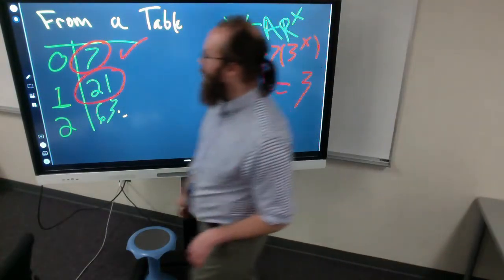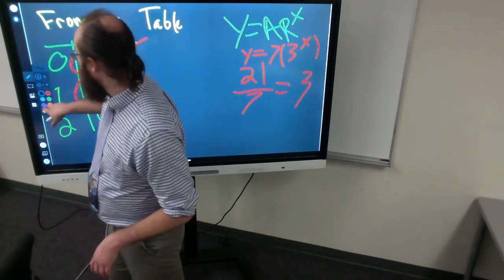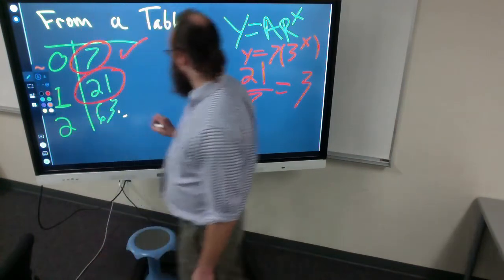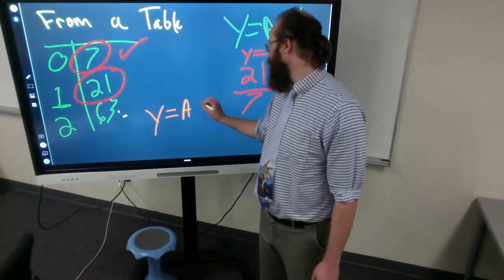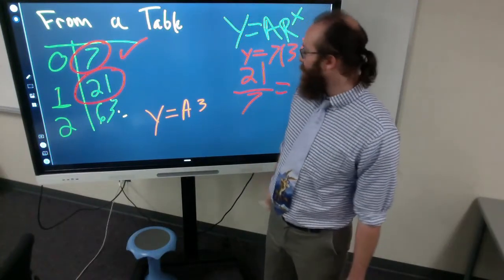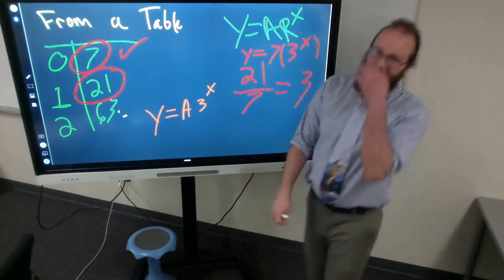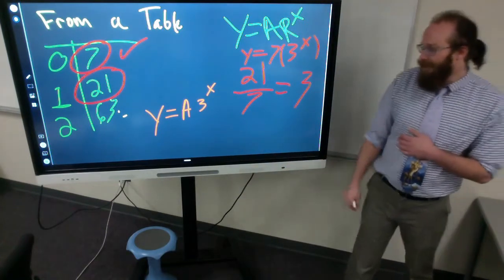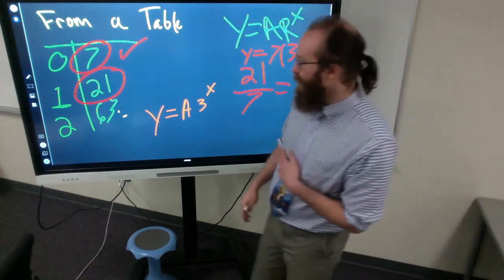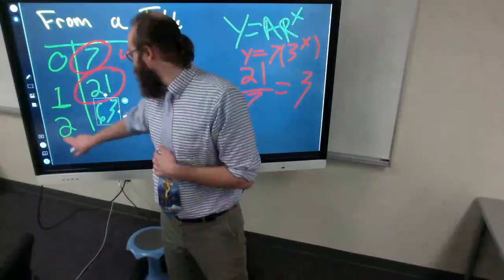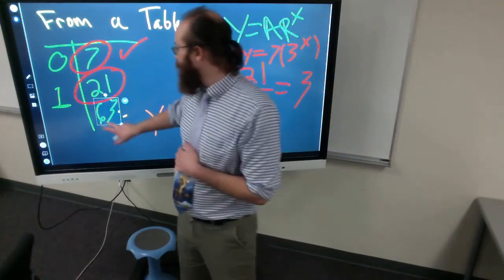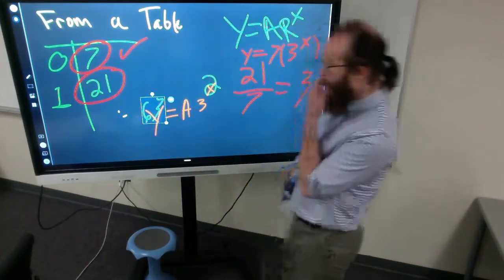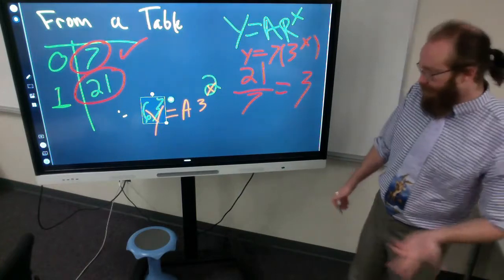What we can do then is plug in a point. So down here we have the equation y equals a times 3 raised to the xth power, and that's as far as we got with just the ratio. So we can plug in this point, 2, 63. 2 goes in for my x value, 63 goes in for my y value, and then we just have to make it true.